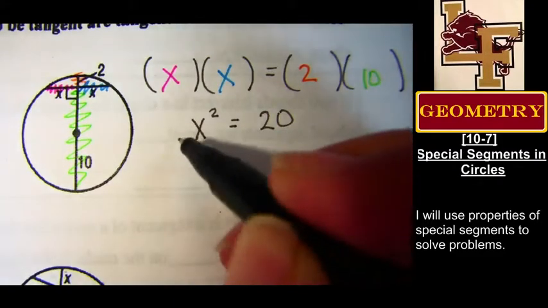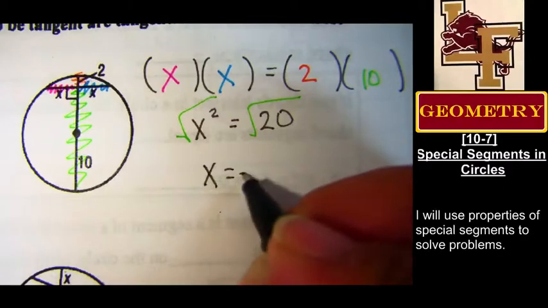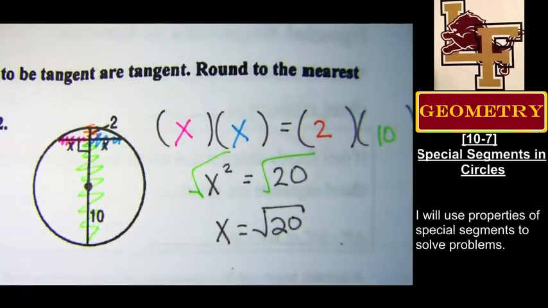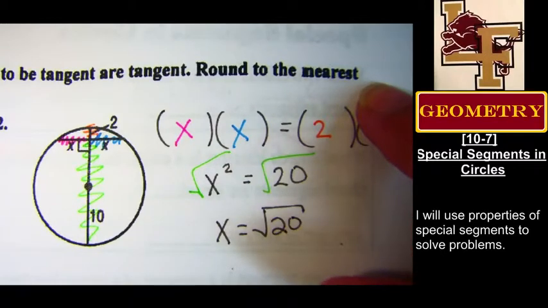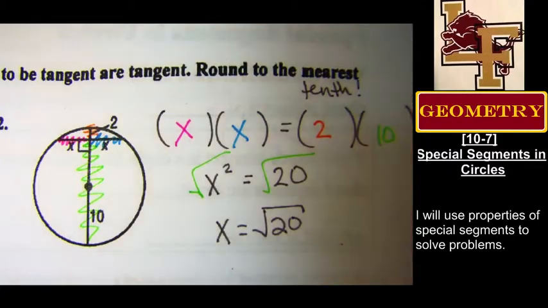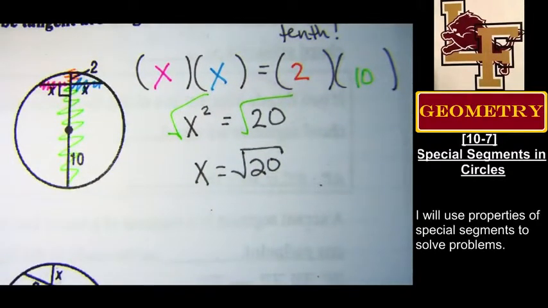Take the square root. So x equals whatever I get when I do the square root of 20. And since my directions say round to the nearest tenth if necessary, you can go to your calculator and type in square root 20 and have it spit out a decimal.